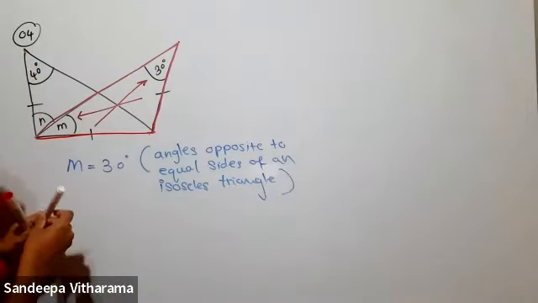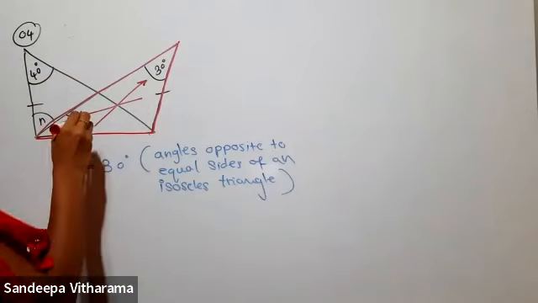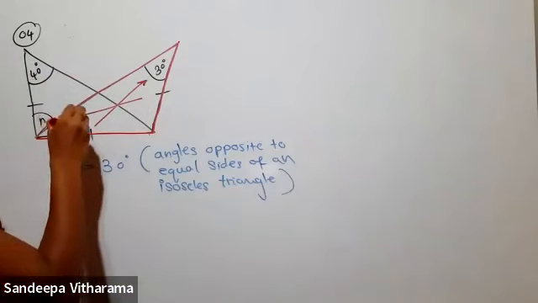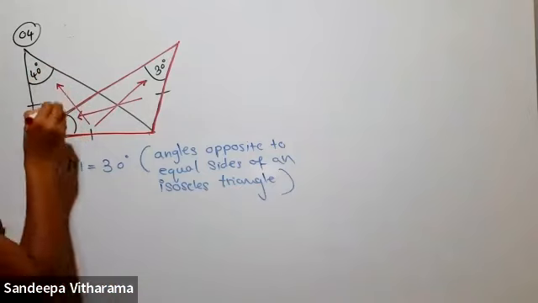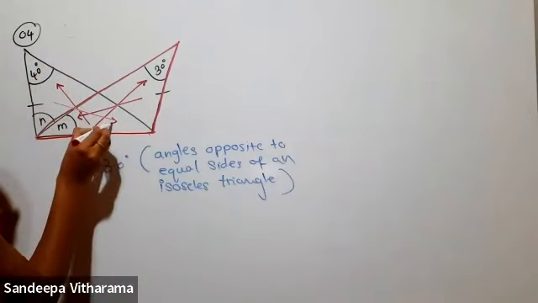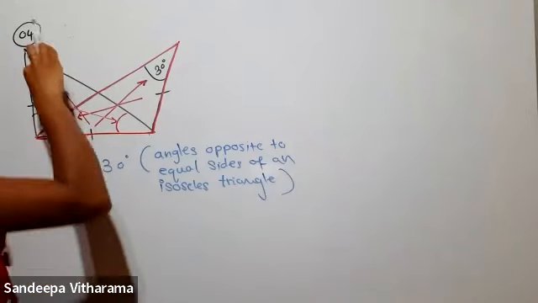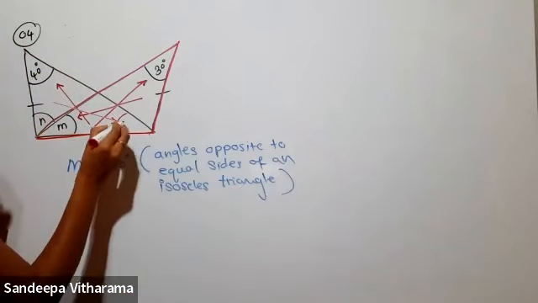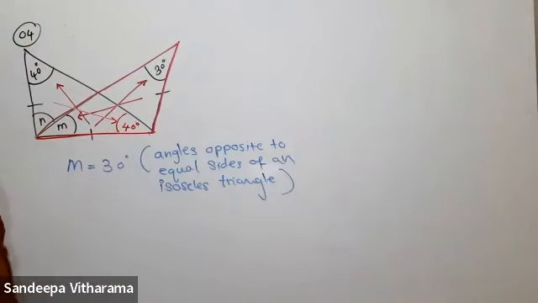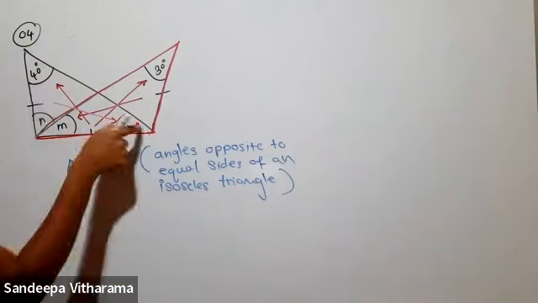Then we can identify that these two angles are equal, because this angle equals 40, so this angle equals 40 degrees. Okay. Then m and n and 40.